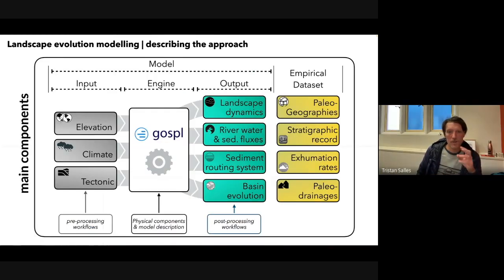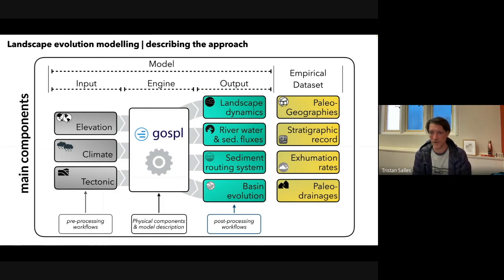So basically, the way it works is we've got a set of inputs which are elevation, climate, and tectonics. We put that in our surface process model, and what we get out of that is a description of the landscape dynamics, but also many other things such as the flux of water and sediments.